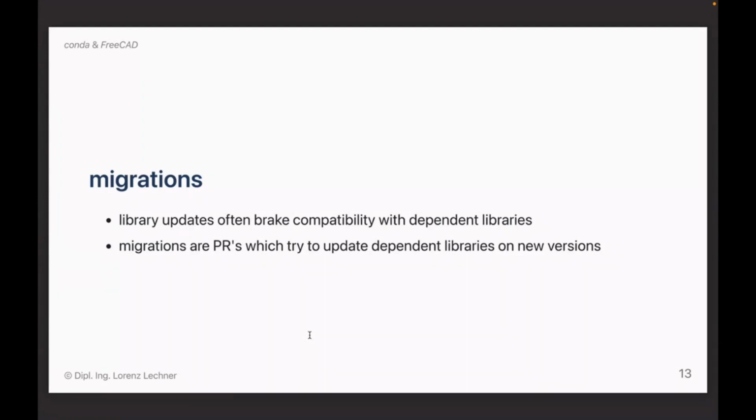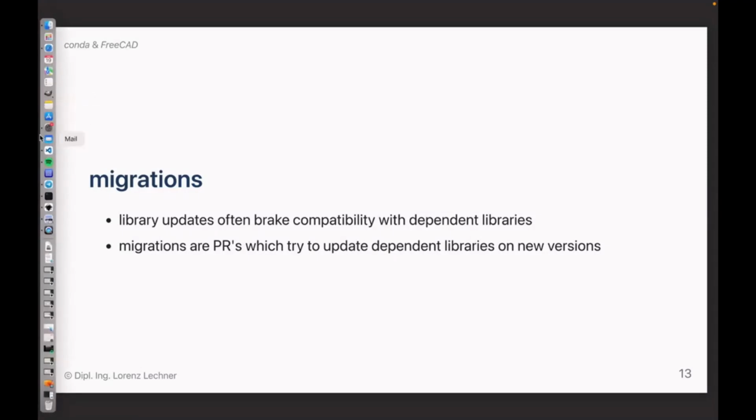This is only done when the library is updated in a way that is not compatible with dependent libraries. Migrations are basically pull requests which are done via bot, as I said. And these pull requests try to update the dependent libraries to the new versions of the library which is updated. I will show you how this pull request looks like.